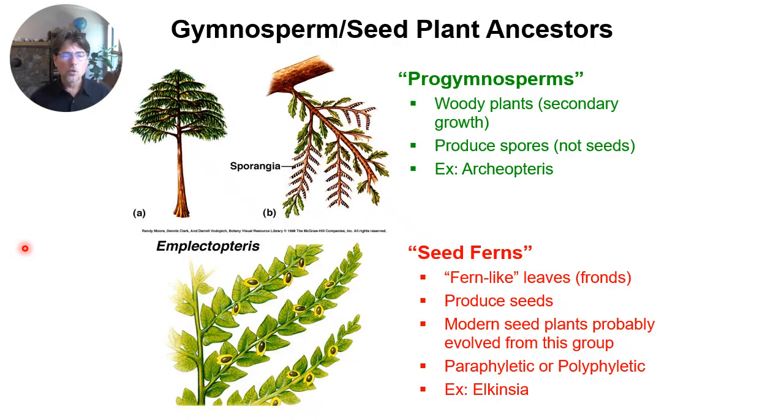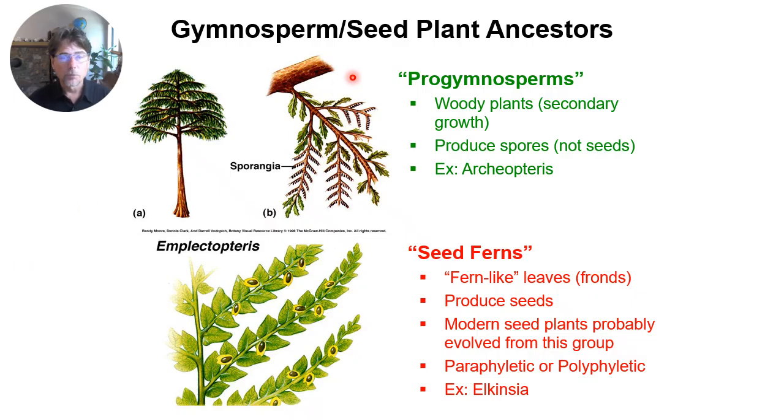There were two large groups of plants present some 350 to 400 million years ago that represent possible ancestors to modern seed plants, although again the evidence is a little bit sketchy.